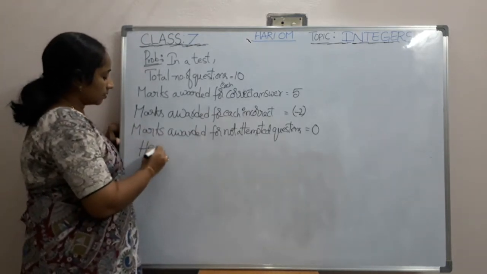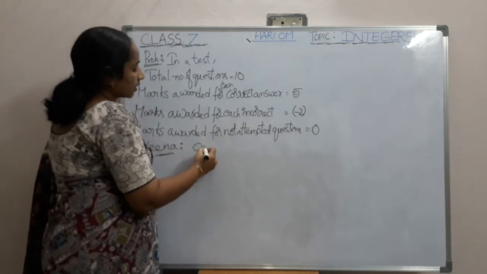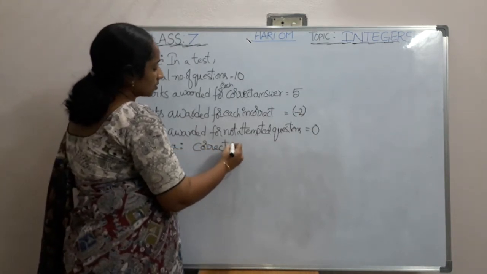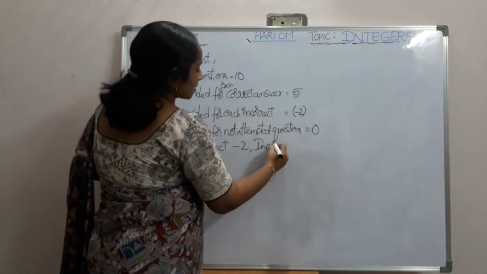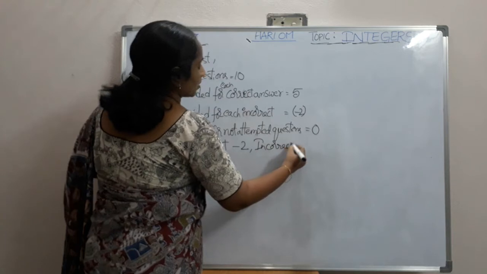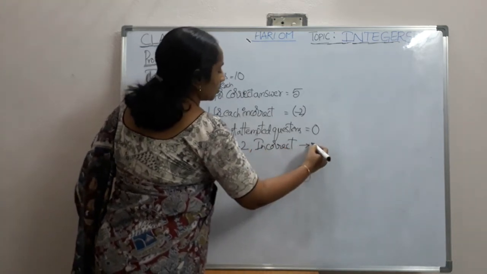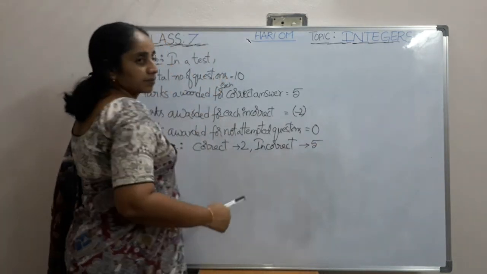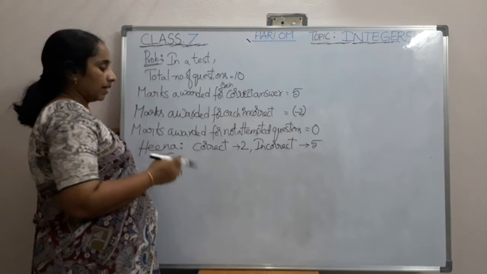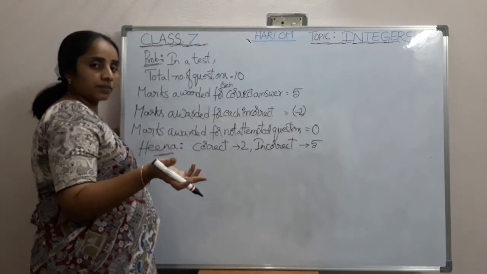And next, Hina: correct answers 2, incorrect answers 5. So the total is 7. Meaning Hina has unattempted questions, no?